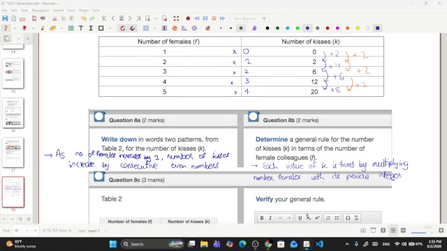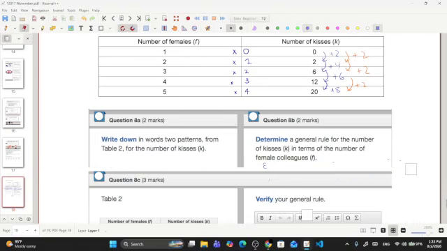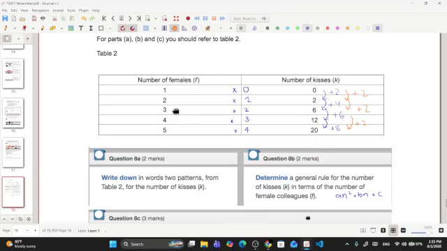The next part says, determine a general rule for the number of kisses in terms of the number of female colleagues. So basically, we know that the expression for the nth term for a quadratic sequence is given by an squared plus bn plus c, right? So we have to find the values of a, b, and c in this case.